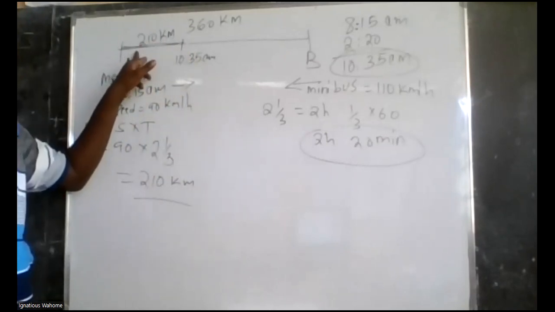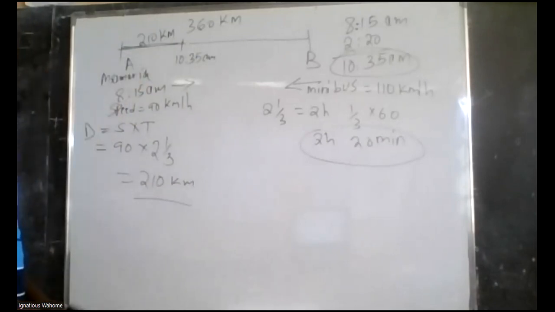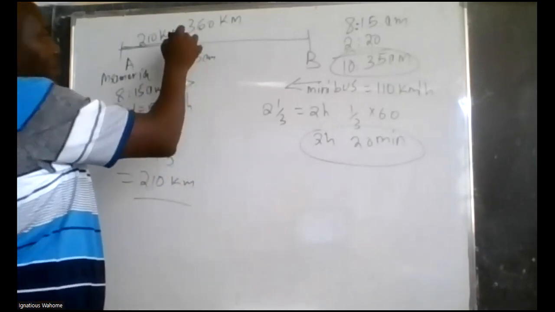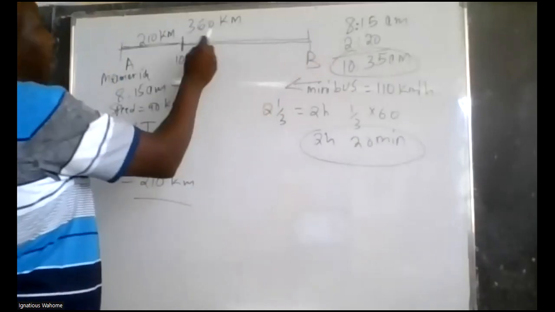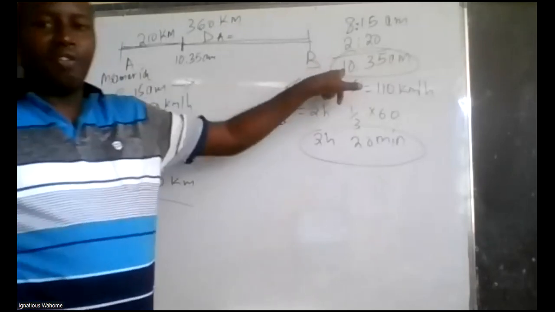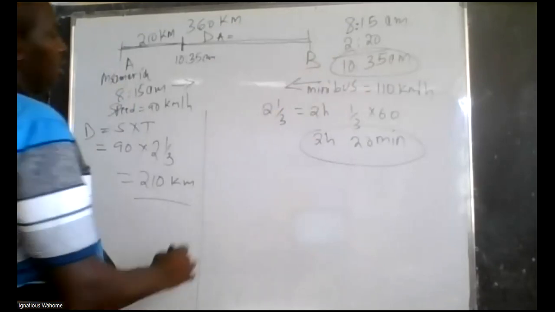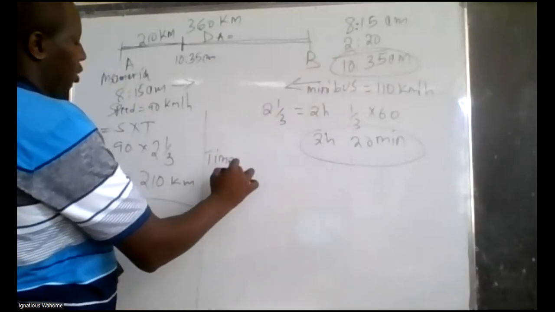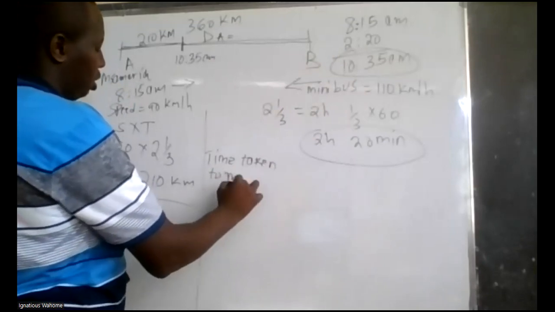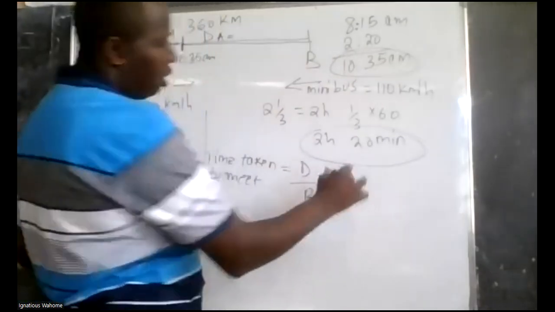Are you together? Then, for you to know the time they met, you must use the distance apart and the relative speed. Time taken to meet will be equal to distance apart over relative speed.